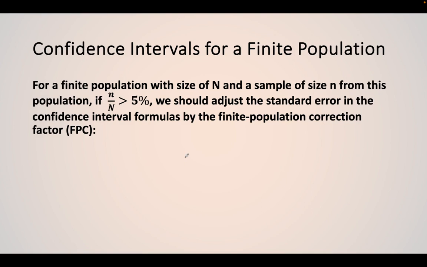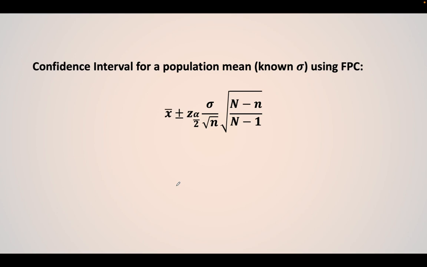But what is FPC? Look here, that's FPC. So if we are going to make a confidence interval for a population mean, we have a finite population, and the ratio between sample size and population size is more than 5%, I'm going to use FPC in the confidence interval formula.